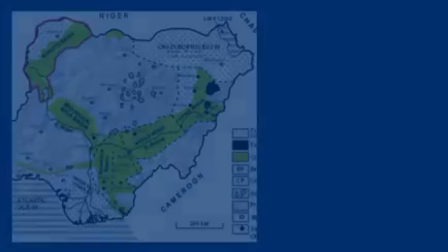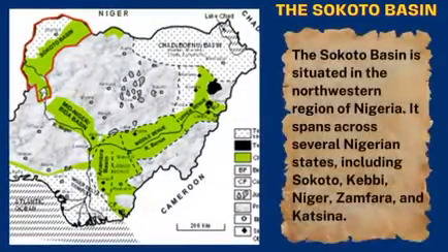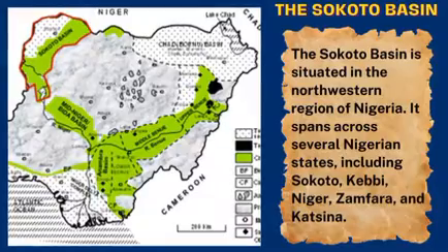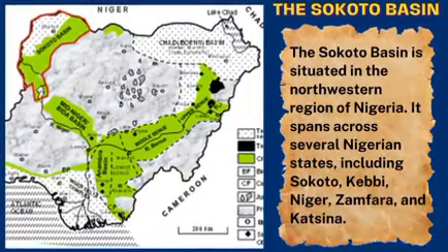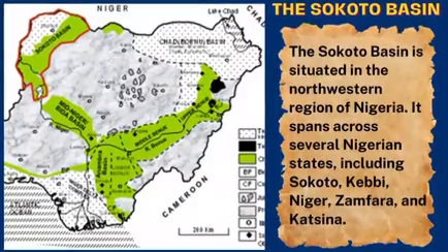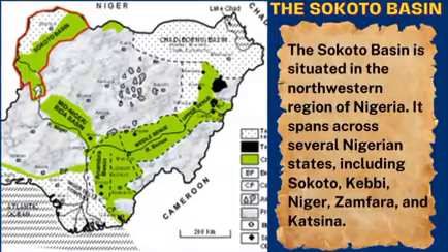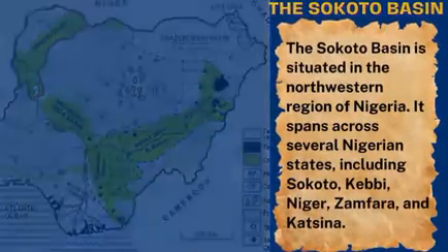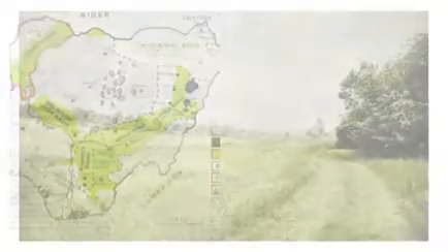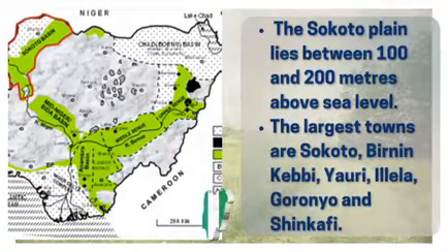Moving from that, we have the Sokoto Basin. The Sokoto Basin is located in the northwestern part of Nigeria and covers about 40,000 square kilometers. It lies about 100 meters to about 200 meters above sea level and is majorly composed of sedimentary rock, which includes the plains of Sokoto, Rima, and Zamfara, and the Rima Basin, which drains the river.